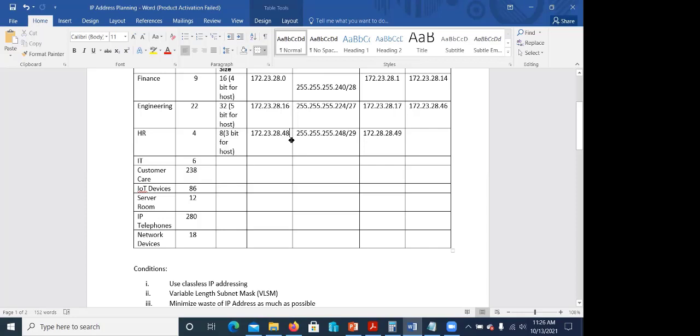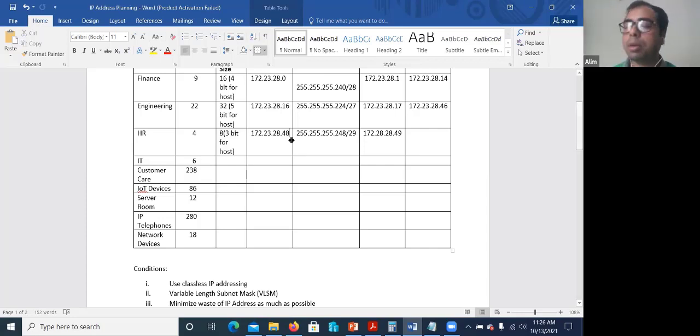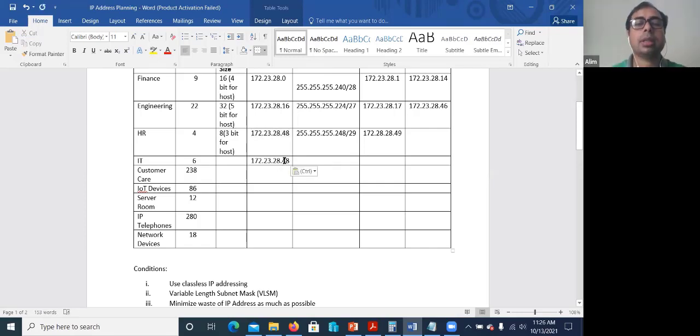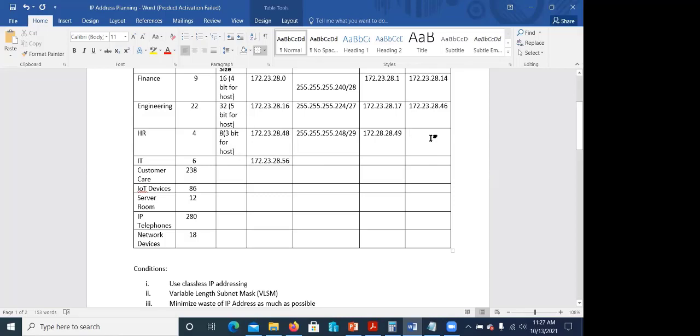You just add 8, that means you will get 56. 56 is another network actually, the next network address. So 56 minus 1 is 55. 55 is the broadcast. That is 54.